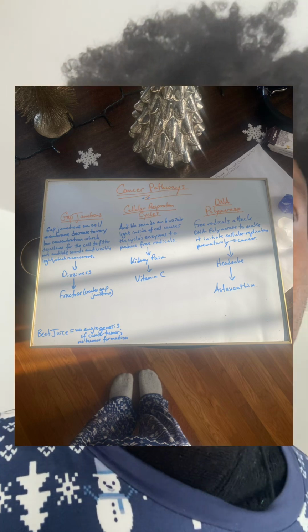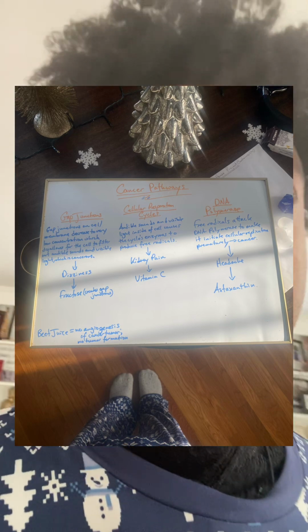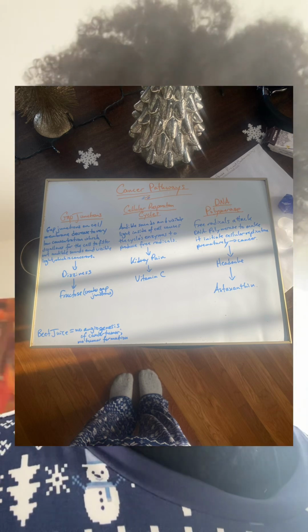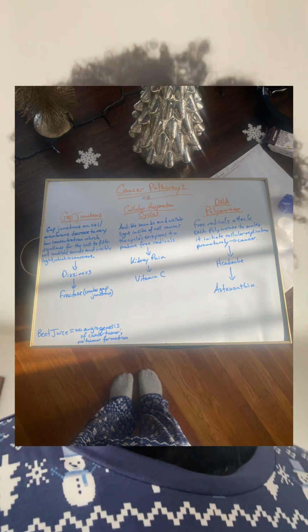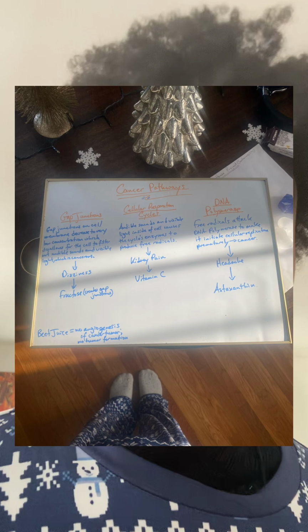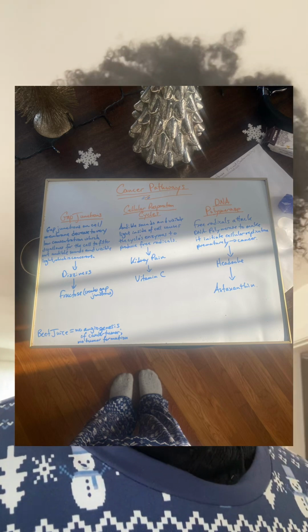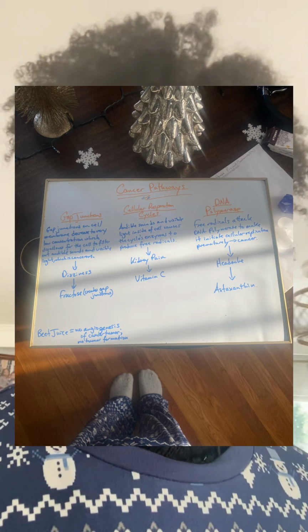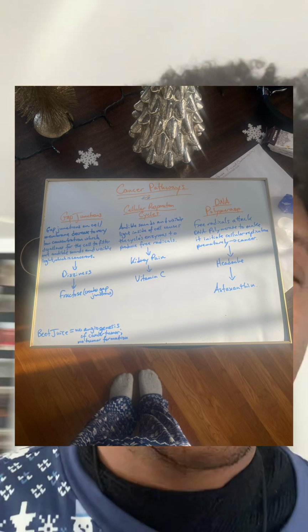This is felt in the body as a headache, and it is solved by the molecule astaxanthin, one of the most powerful antioxidants in the world. And so those are the 3 cancer pathways.